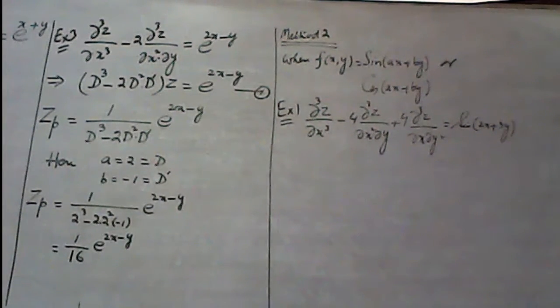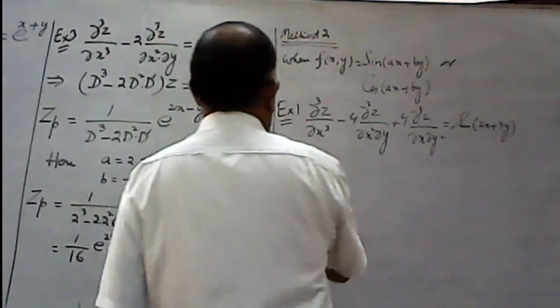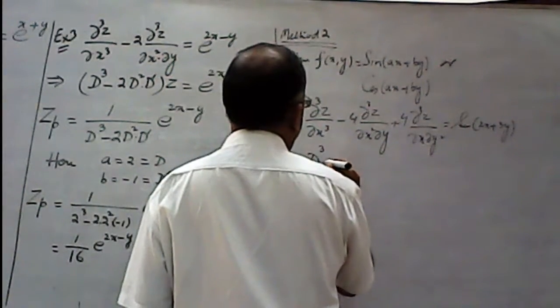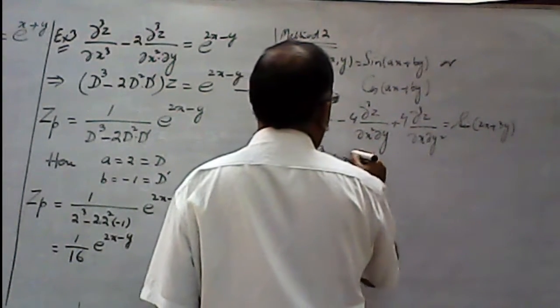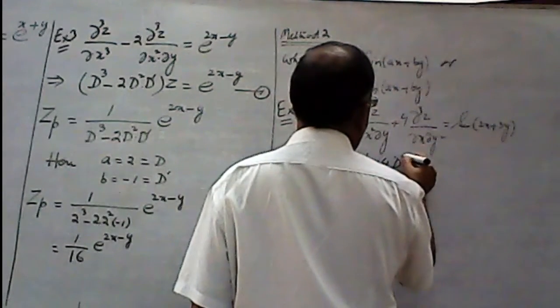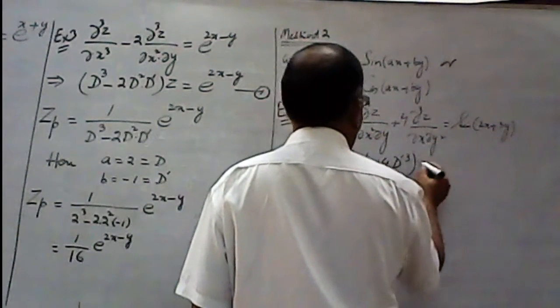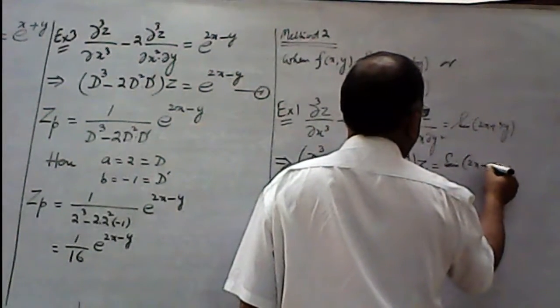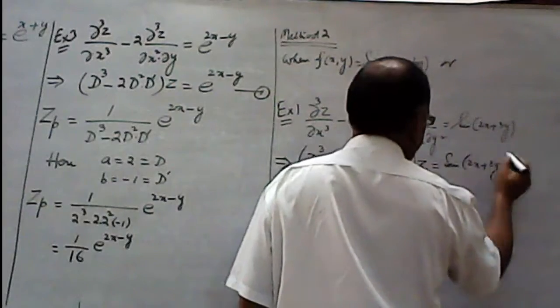Then we will apply the method here in operator D form. This is (D cubed minus 4D squared D dash plus 4D dash cubed) of z equals sin(2x+3y).